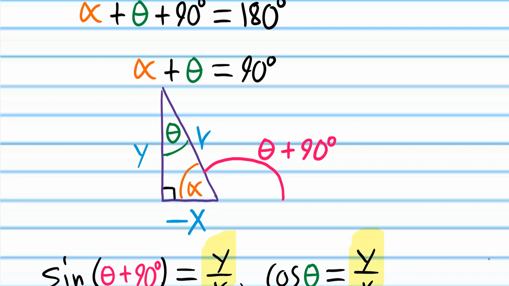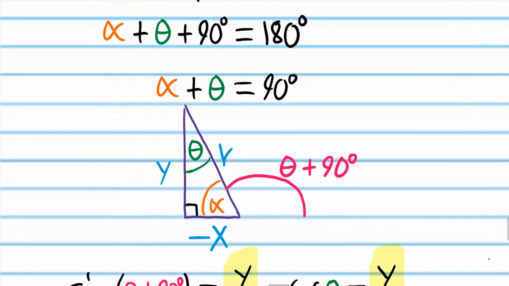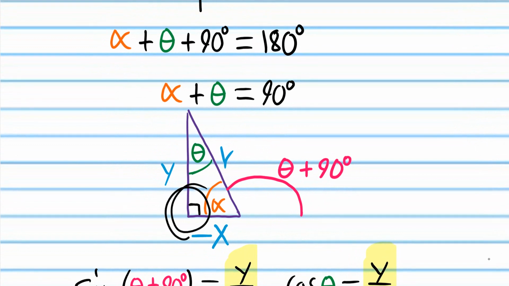Remember, we learned in my geometry course that the sum of all three angles in a triangle is always 180 degrees, right? If you add up all the interior angles, there's always 3 total. In a triangle, you always get 180 degrees. But think about this. We know that in a right triangle, one of the angles must be 90 degrees.